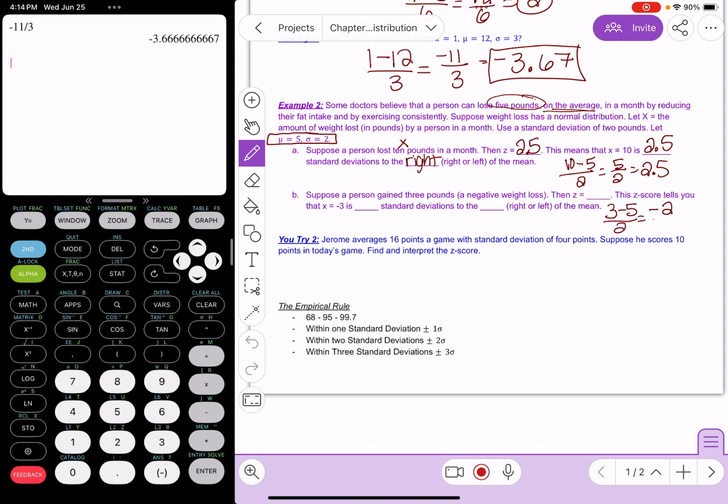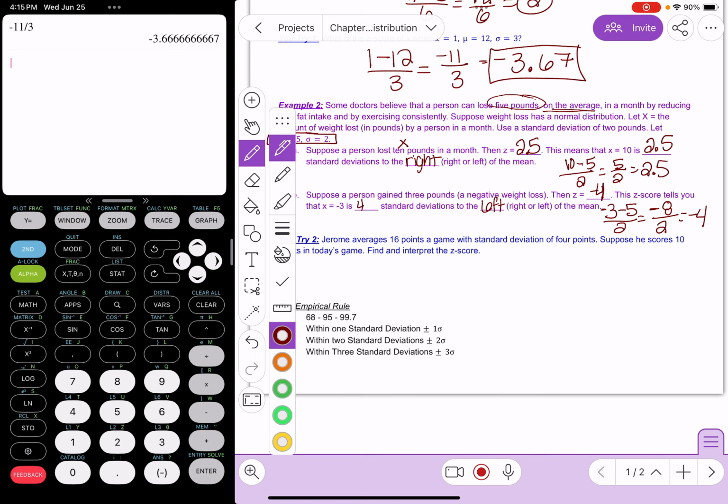Gained 3 pounds. Nope, I said that wrong. A negative weight loss means you lost negative 3 pounds. So it's negative 3 minus 5, which is negative 8 over 2, which is negative 4.